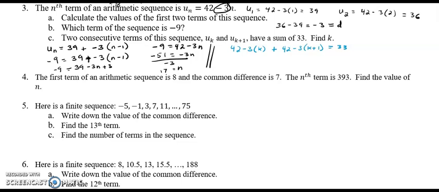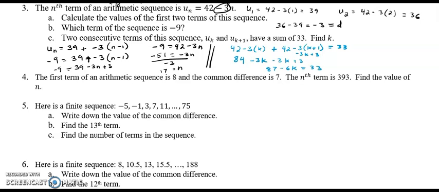So let's kind of work this out. If I add everything together, this would be 84 minus 3k. Well, this one I should distribute. So this would be negative 3k plus 3. So that 3k and that 3k would actually be, well, let's bring that down, plus 3. So I'm at 87 minus 6k equals 33. Okay?